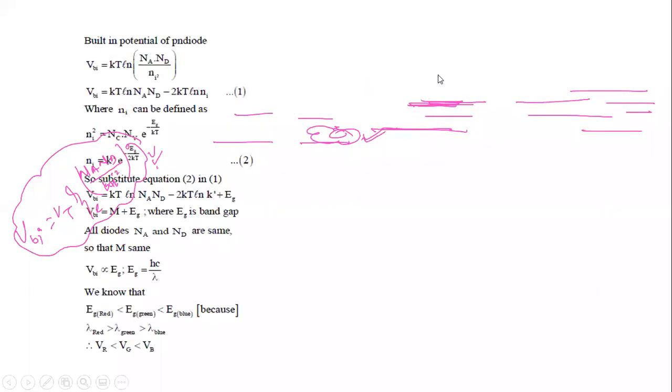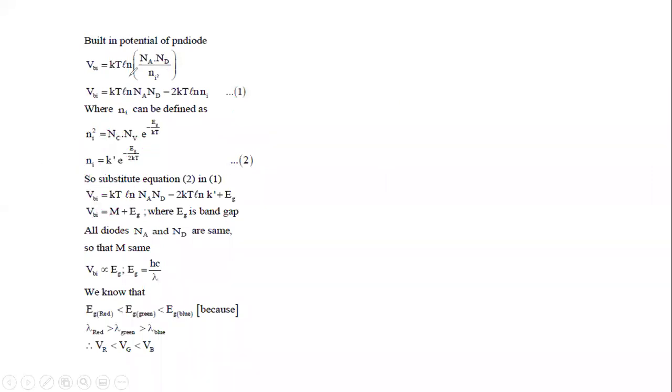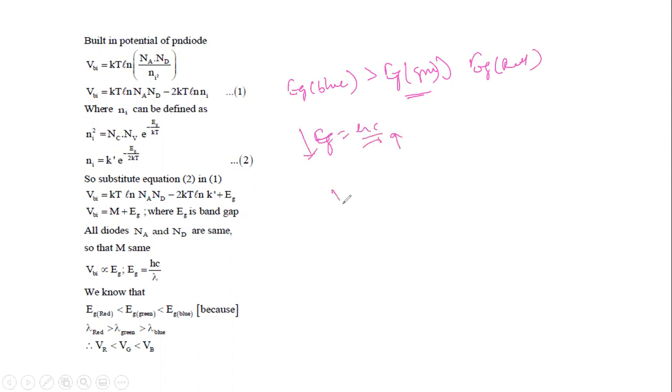So this is the actual relation. Now VBI equal to this one, NI is directly proportional to this one. If you increase the energy gap, as you know the energy gap of blue is greater than the energy gap of green, greater than the energy gap of red. The energy gap is HC by lambda, so if you increase the lambda, Eg will be decreased.